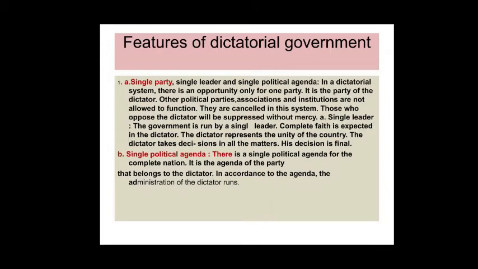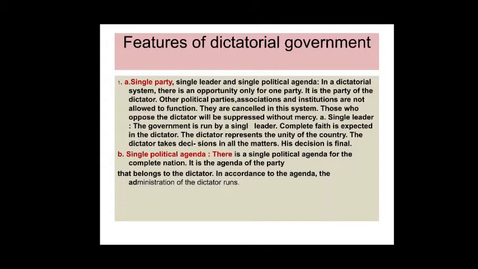One can see dictatorial rules in the world from time to time. It was present in the world in 16th century Europe, and in countries like France, Spain, Russia, England during the 18th century. So they maintained dictatorial government.